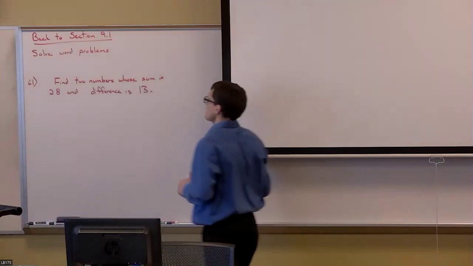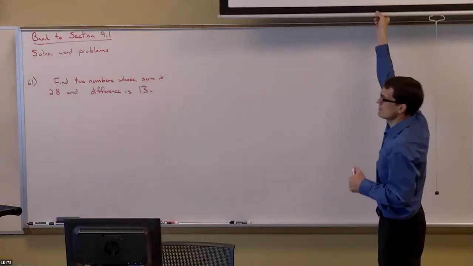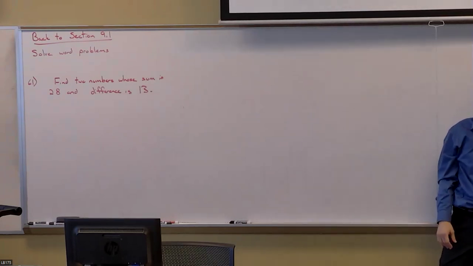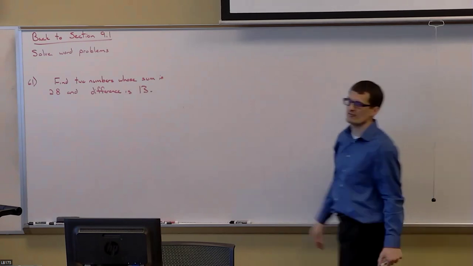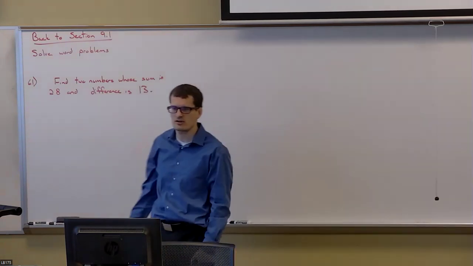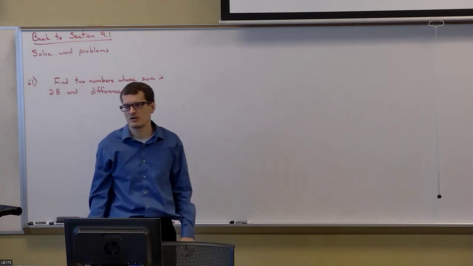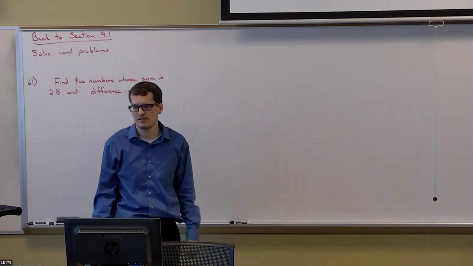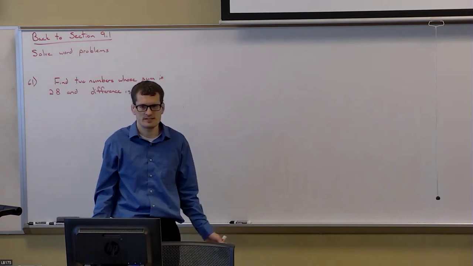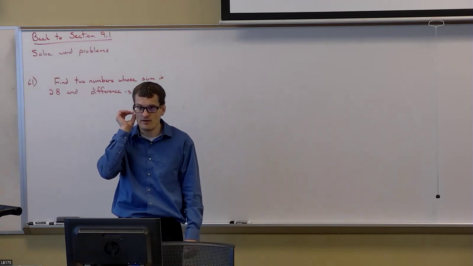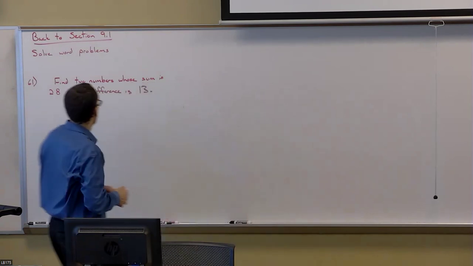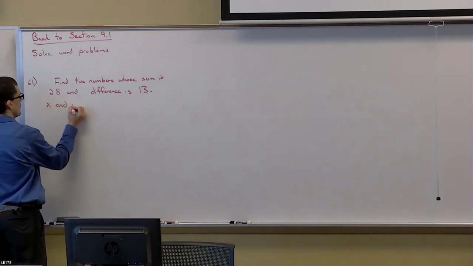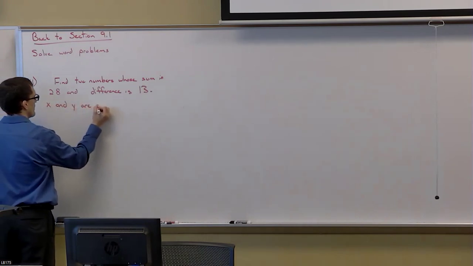So find two numbers whose sum is 28, whose difference is 13. We're going to call the things that we're going to find X and Y. You could have called them X1 and X2, whatever variables you like, that's fine. I'm going to call them X and Y, though. So X and Y are my numbers.